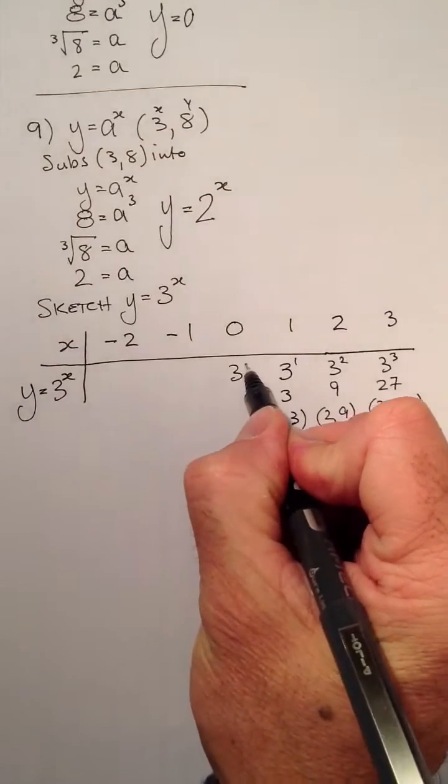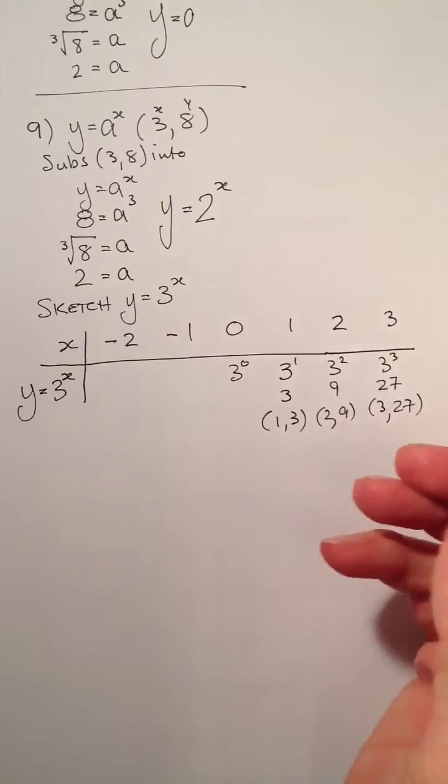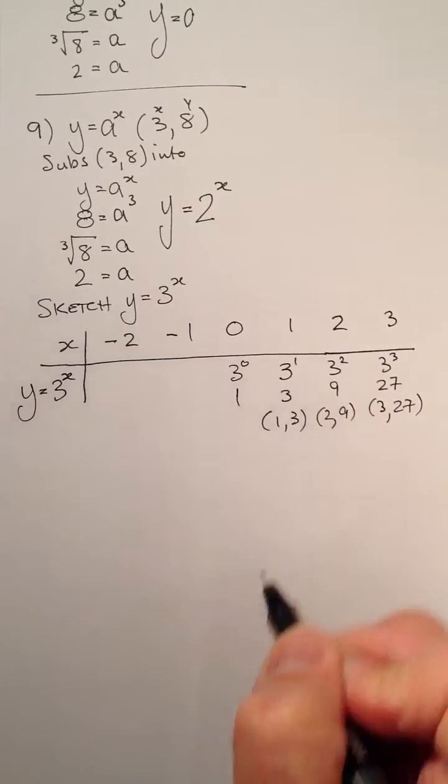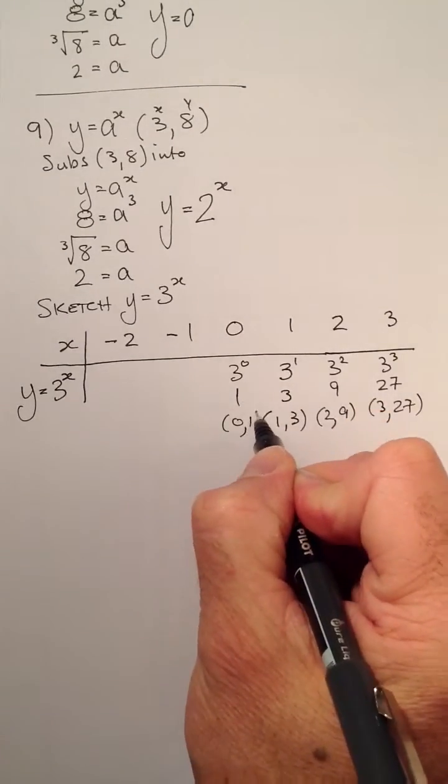3 to the power of 0, just work backwards. Anything to the power of 0 is equal to 1, so there's the coordinate (0, 1).